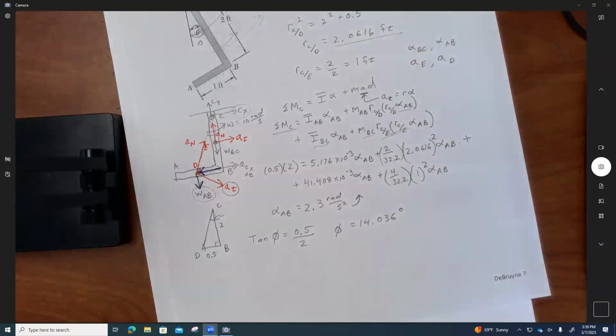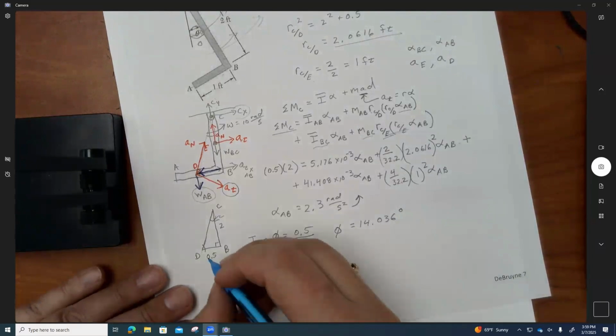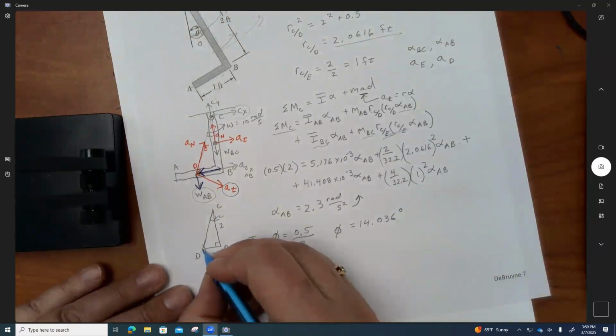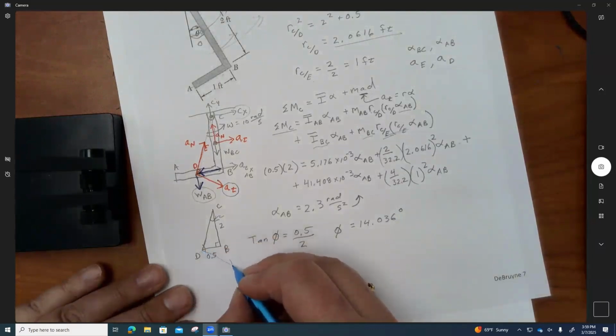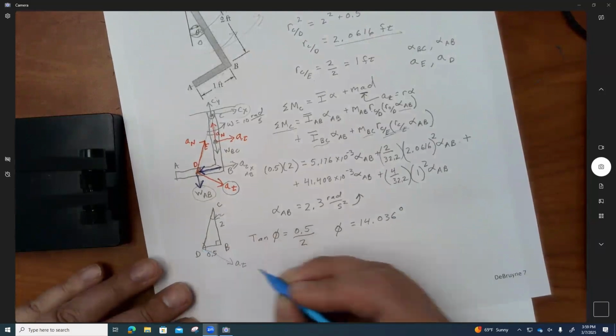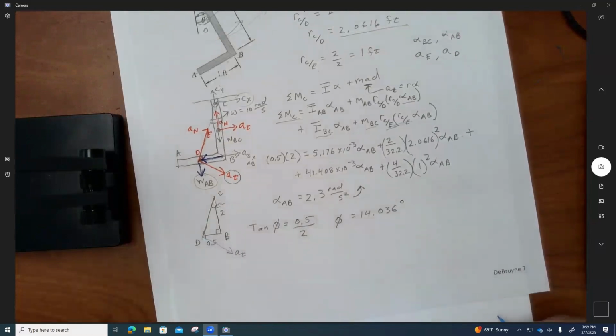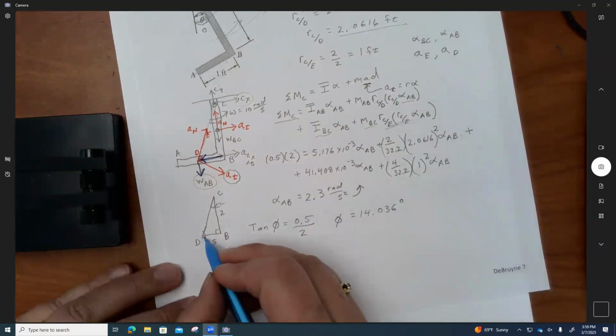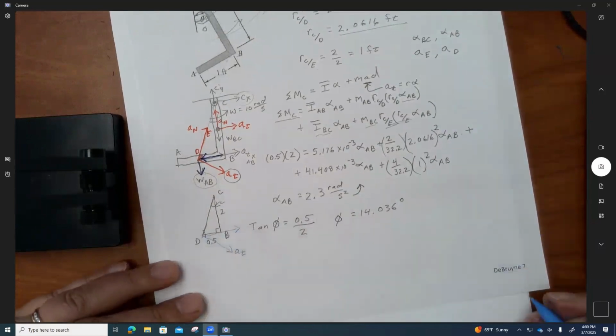Now, we look at our geometry, and we know that we have a right angle to that normal component. This is the AT. And we only want this component right here.